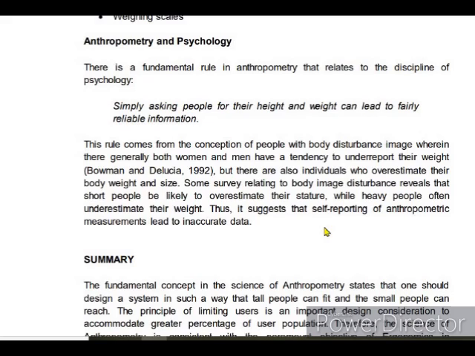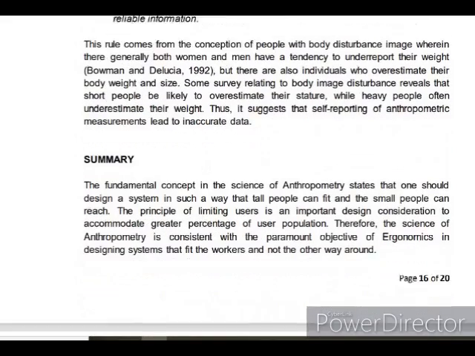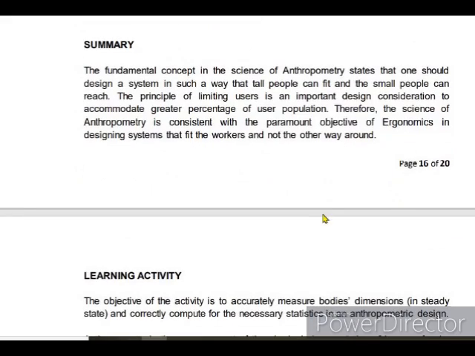Thus it suggests that self-reporting of anthropometric measurements leads to inaccurate data. So we have to do those anthropometric measurements.